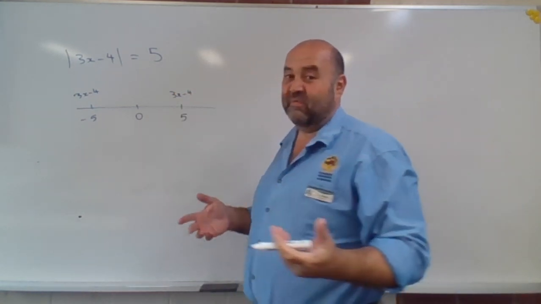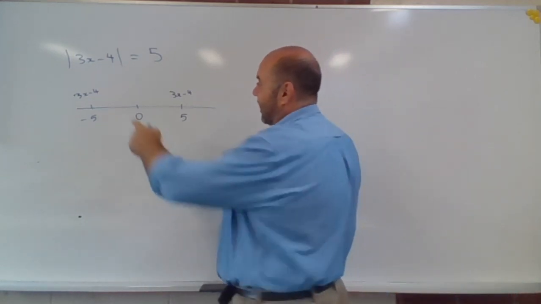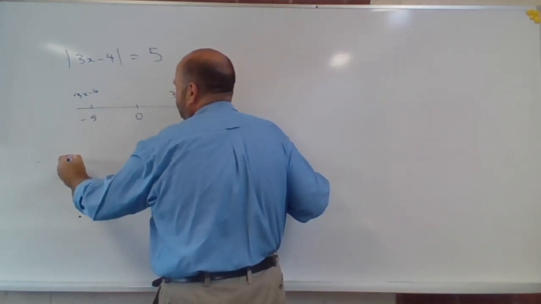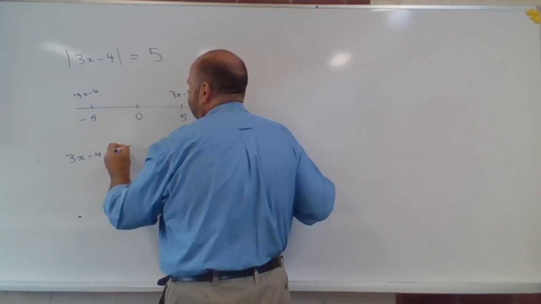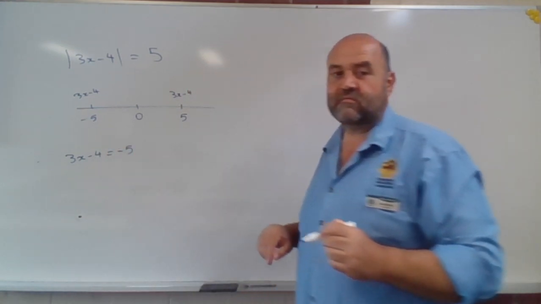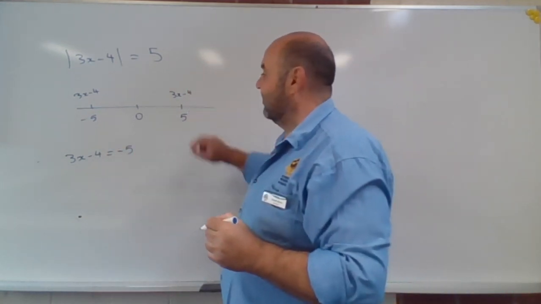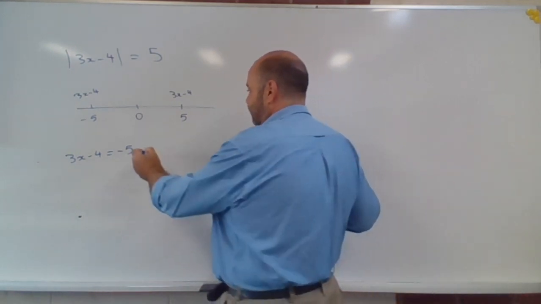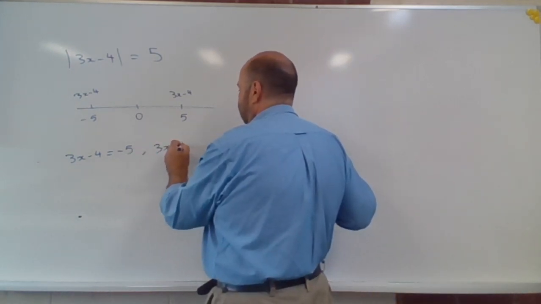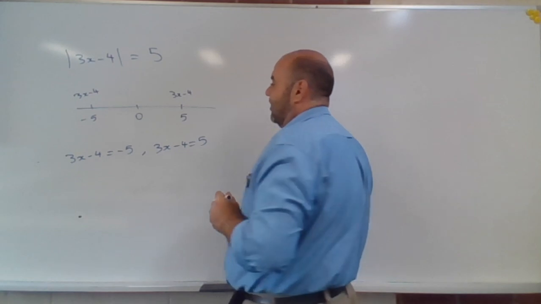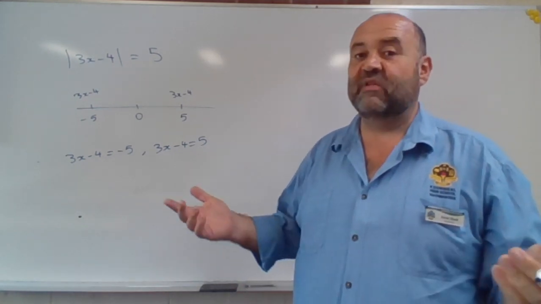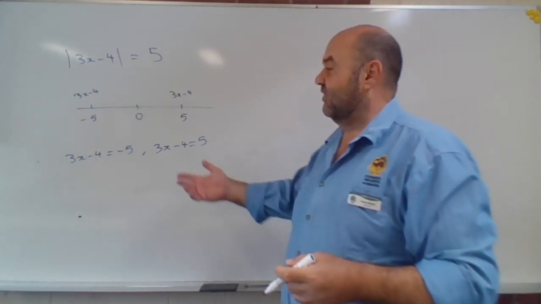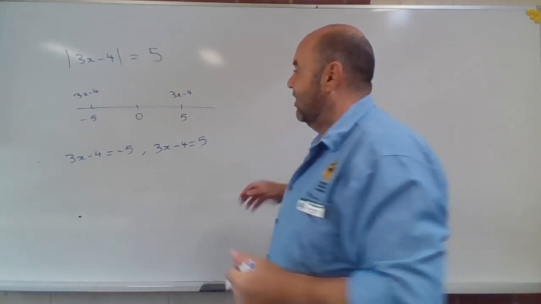Well, we can express that algebraically by saying that this means that 3x minus 4 equals negative 5, and this means that 3x minus 4 equals 5. And then we just get two very simple linear equations to solve. So I'll just go through and solve them quickly.